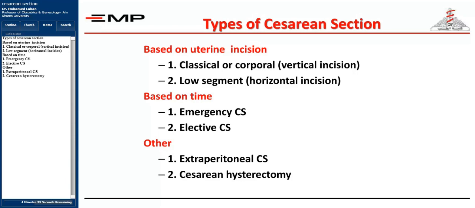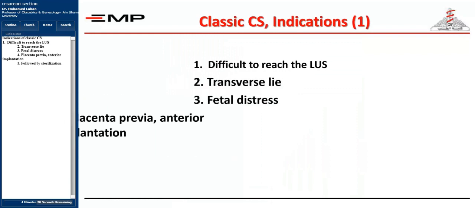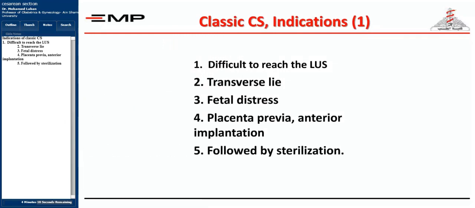Other: extraperitoneal CS, cesarean hysterectomy. Indications of classic CS: difficult to reach the LUS, transverse lie, fetal distress, placenta previa with anterior implantation, followed by sterilization.